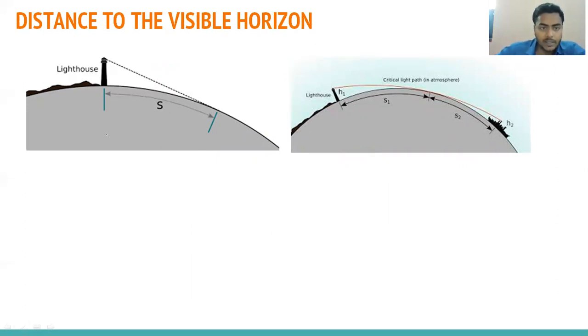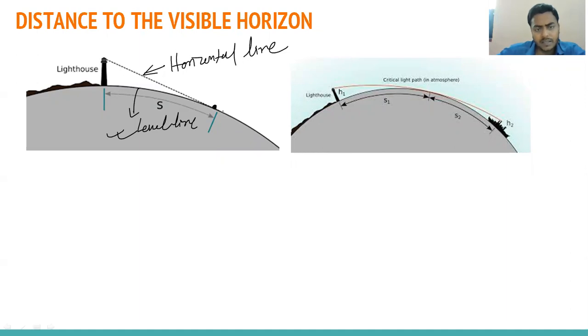See, let's discuss this case. You can see this line is the level line, and this line is horizontal. And this point, let's assume point P. So we can say this point P is the origin point.